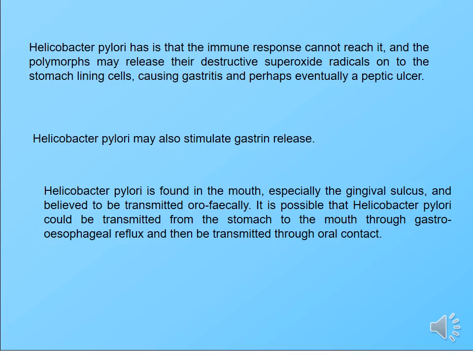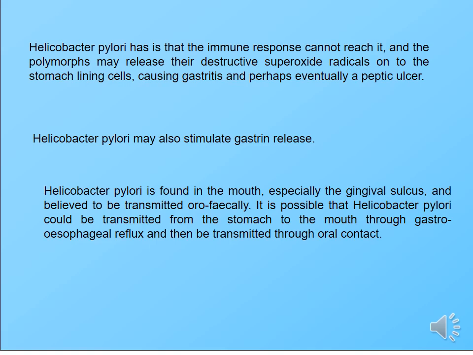Helicobacter pylori may also stimulate gastrin release. This bacterium may stimulate the gastrin gland to release gastrin. Helicobacter pylori is found in the mouth, especially the gingival sulcus, and is believed to be transmitted orally.